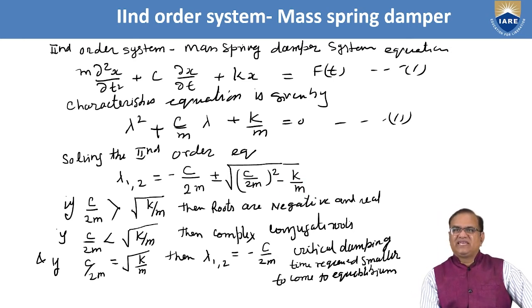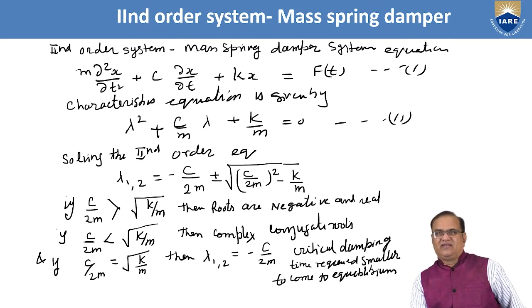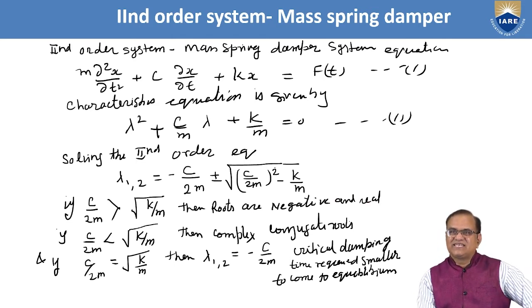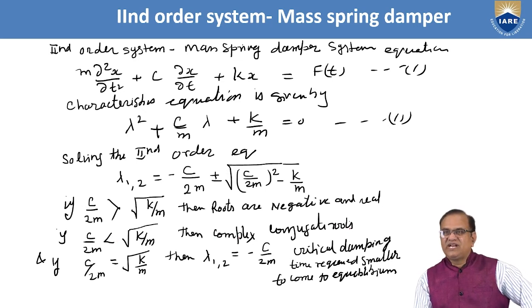If here this c by 2m is greater than under root k by m, then roots are negative and real. And if c by 2m is less than under root k by m, then they are complex conjugate roots.